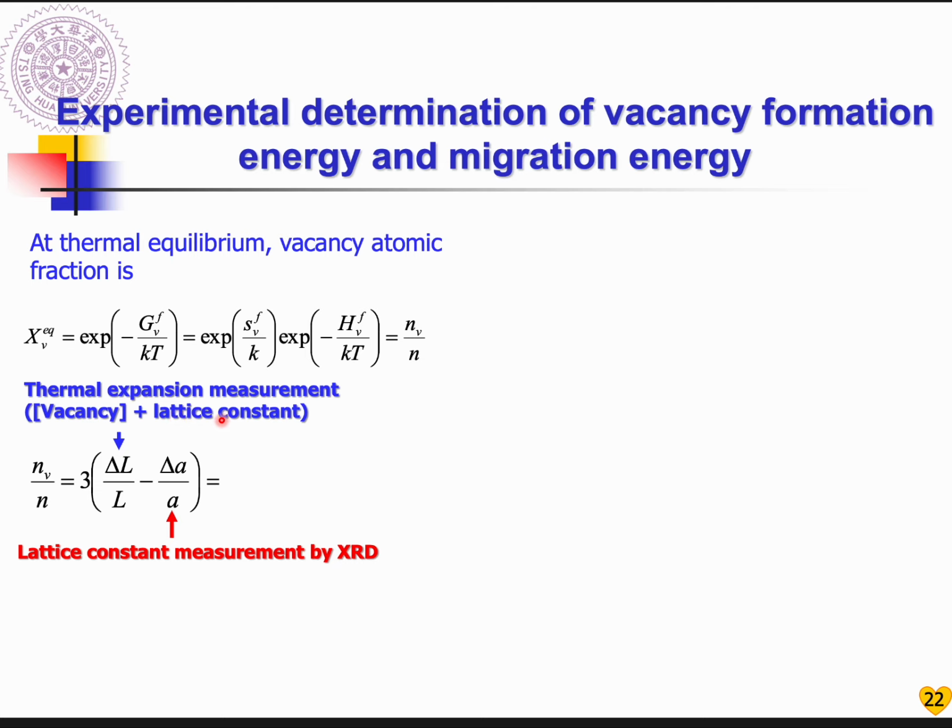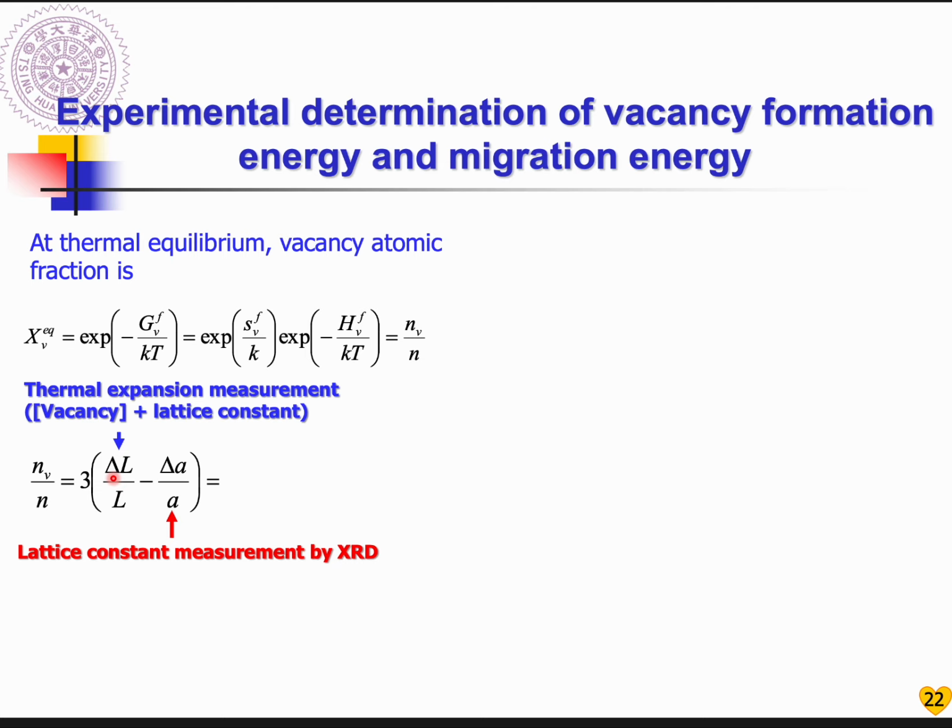The first one is the increase in lattice constant, and the second comes from the increase in the numbers of vacancy or concentration of vacancy. So when I subtract the contribution from the increase in lattice constant, the rest will be equal to the increase in the numbers of vacancy.